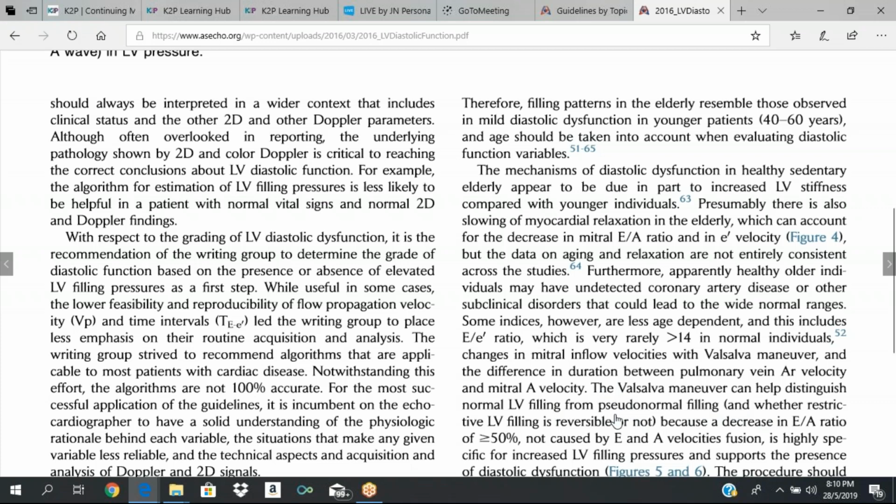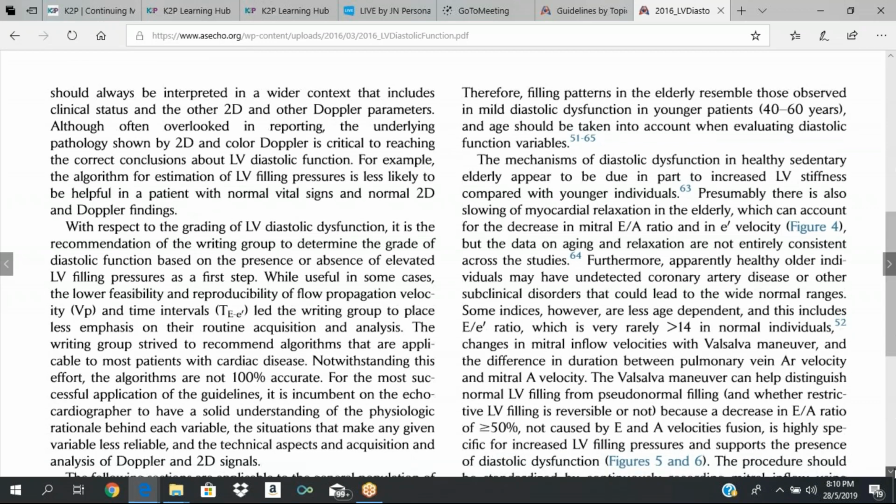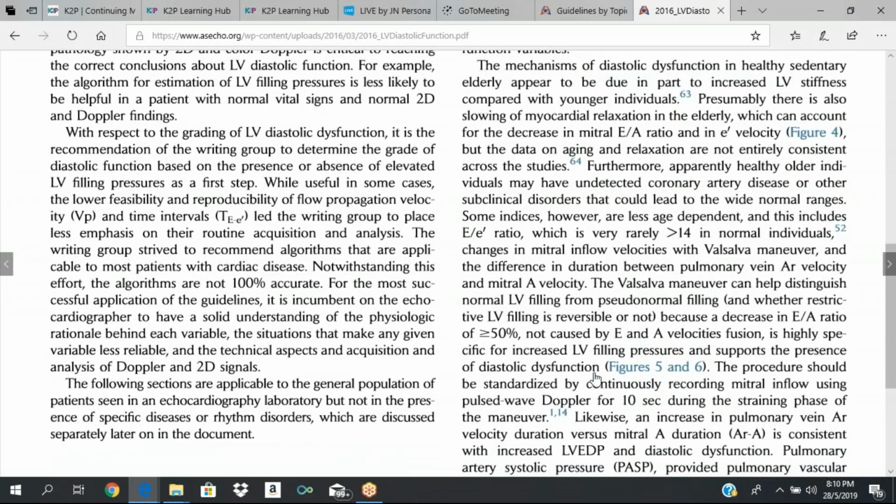Okay? So we'll go over all of that so you'll fully understand that. Because a decrease in the E to A ratio of greater than or equal to 50%, not caused by E and A velocity fusion, is specific for increased LV filling pressures and supports the presence of diastolic dysfunction.